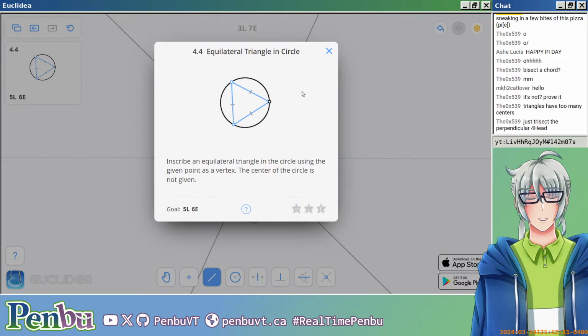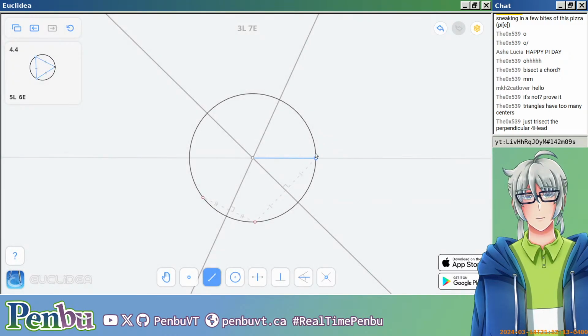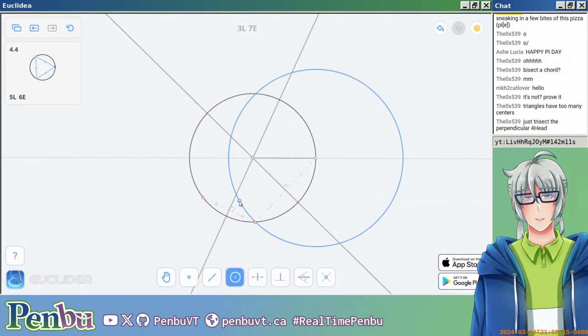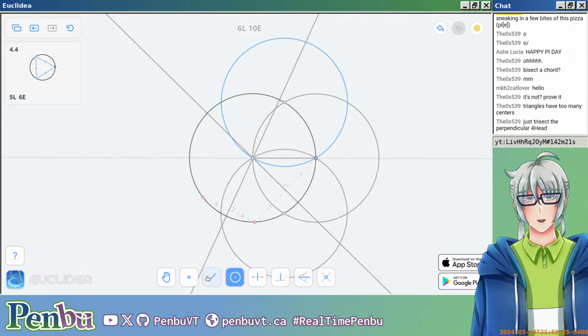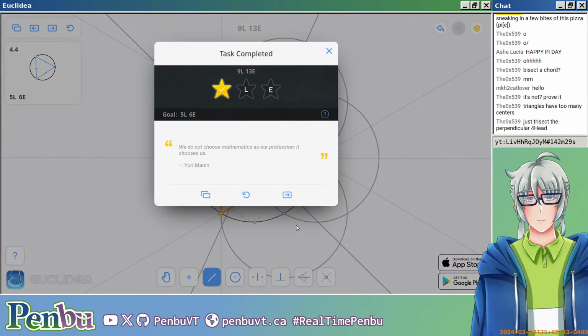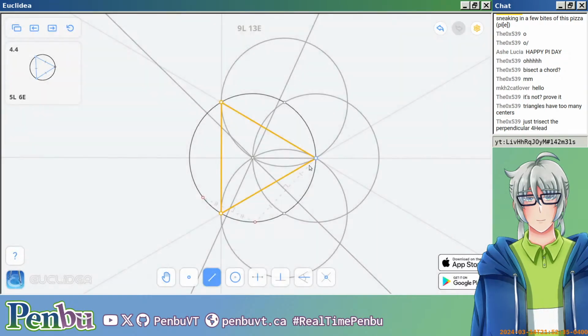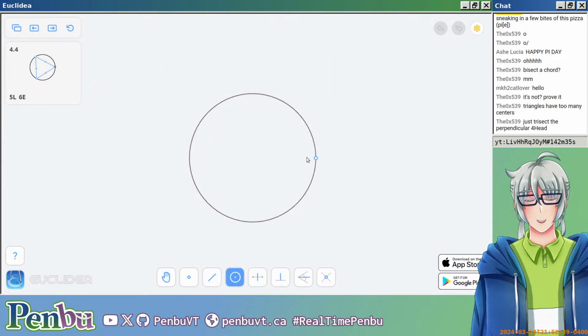Can we use a circle somehow so that we get all of the... I don't know how we can use that. Because yes, we can do this. But this is not, as far as I know, 60 degrees. Maybe it is. Okay. So we're gonna restart that.